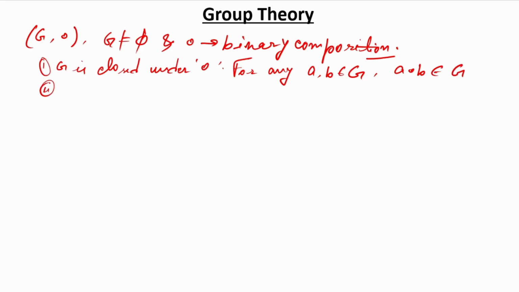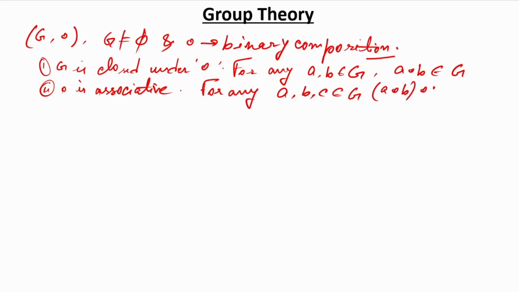The second property is composition is associative. That means for any three elements A, B, C in G, first we compose A and B, then we compose it with C. This will be equal to this.